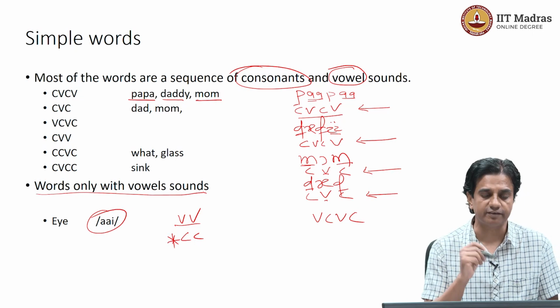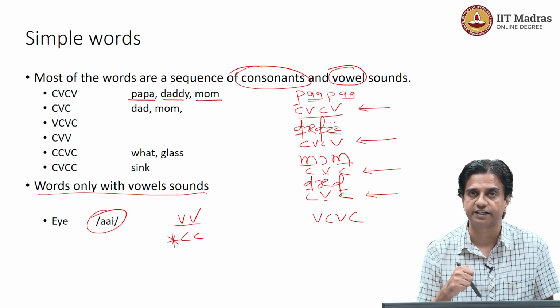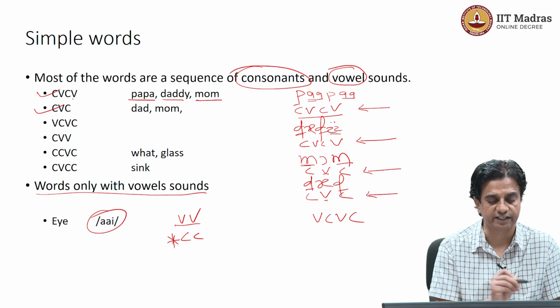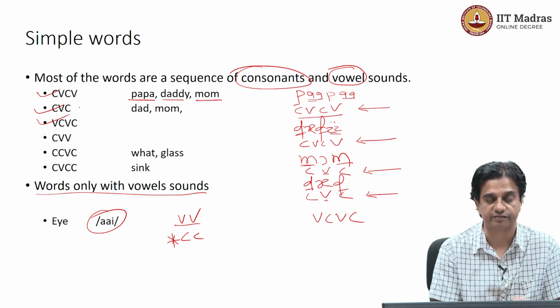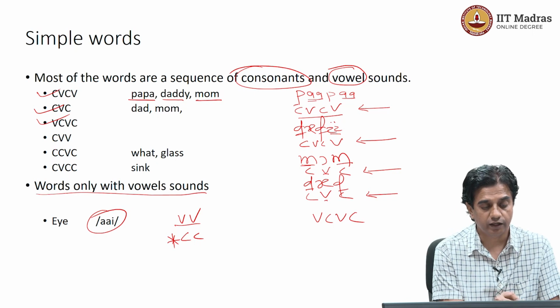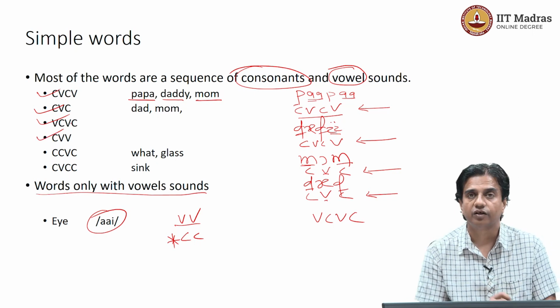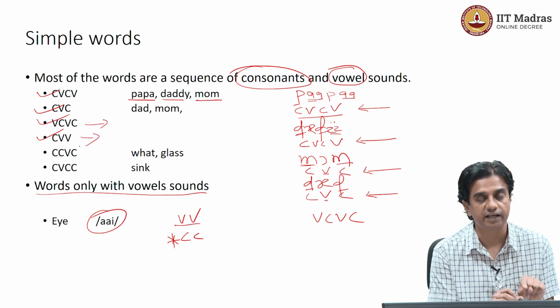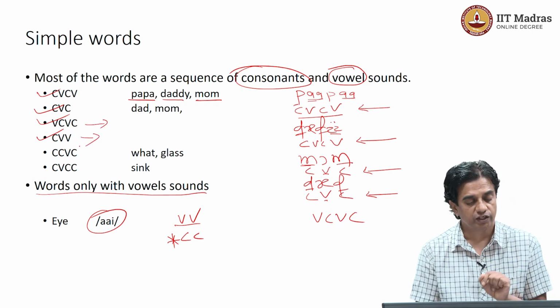So you see several sequences when you do your own exercise of 20 words. You will see a sequence like this, CV, CV. You will see the sequence like this. You will also see a sequence of this type. I'm not giving you examples of these sequences because this is another type of exercise that I want you to do.